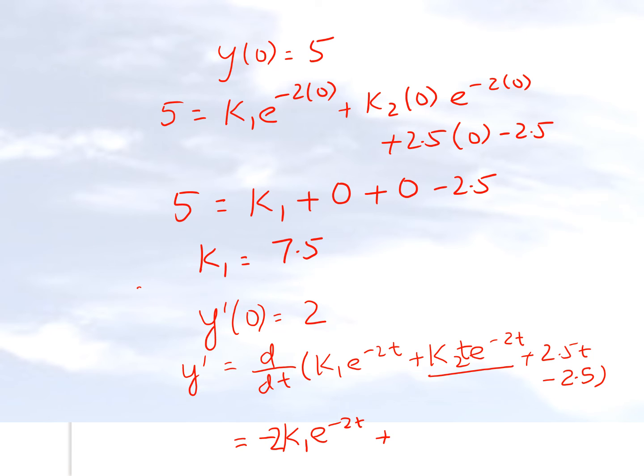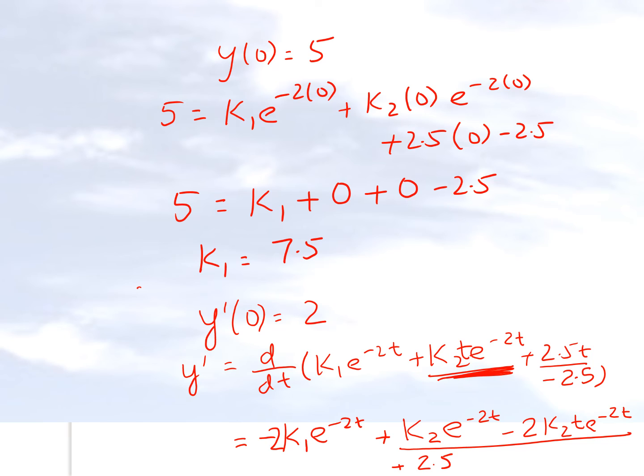This part has to be done by differentiation of a product of two functions. So that will give you K2 e to the power minus 2t and minus 2K2t e to the power minus 2t. So that is coming from differentiating this part. And then differentiating this part gives you 2.5, and differentiating this part, of course, gives you 0.